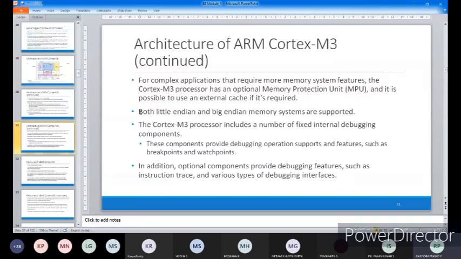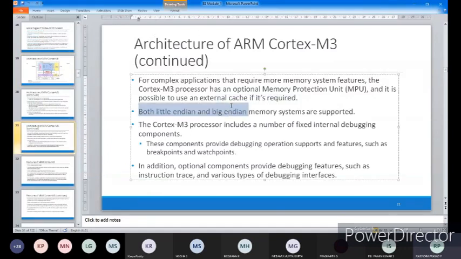Then it follows: both Little Endian and Big Endian memory systems are supported. In the memory part, we have Little Endian and Big Endian, which relates to ordering of bytes, because the data will be only zeros and ones. That is one of the methods we call Big Endian and Little Endian.